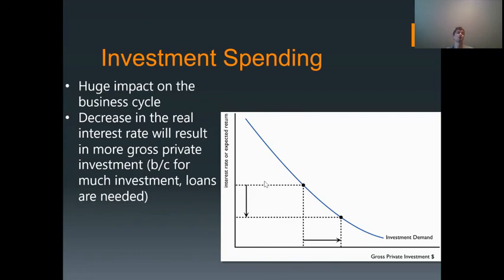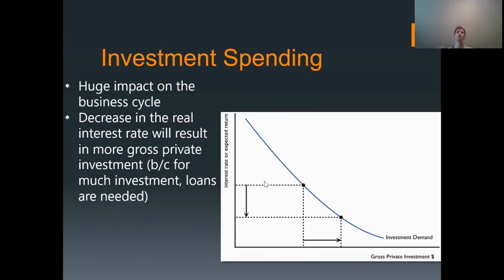Investment is shaped by essentially investment demand, which is going to be downward sloping like most demand curves. And if you think of it in terms of amount of investment on the x-axis and your real interest rate on the y-axis, as you have a lower interest rate, you're going to have more investment, more quantity of funds demanded.